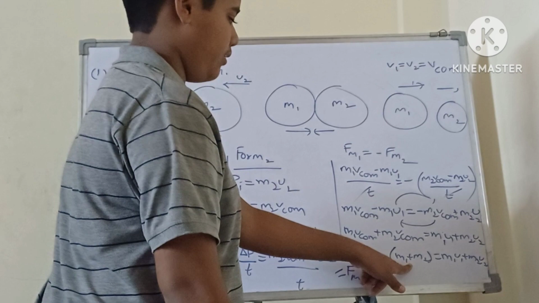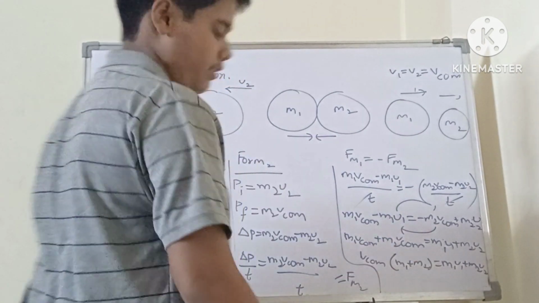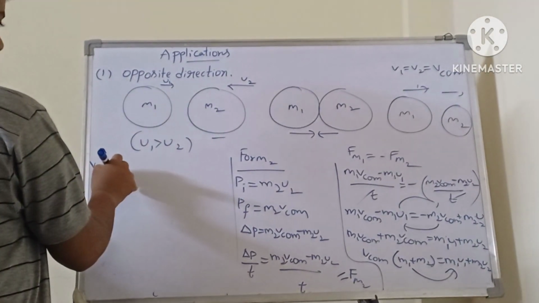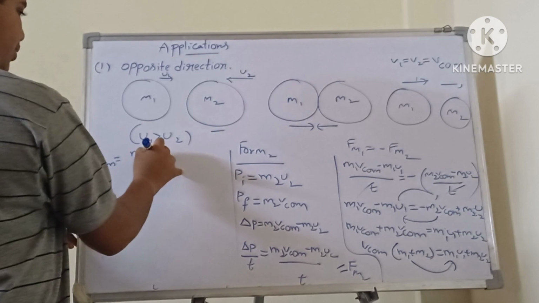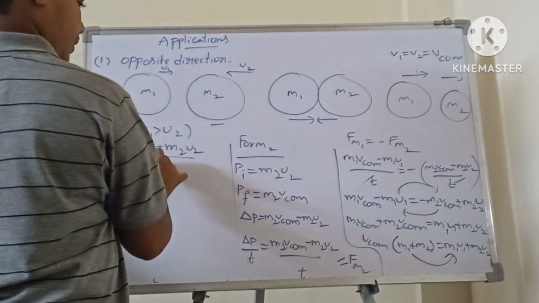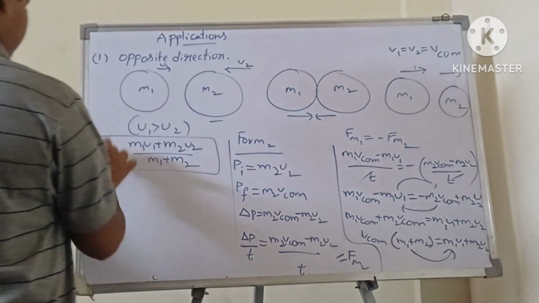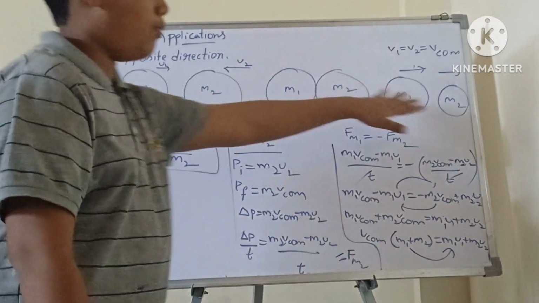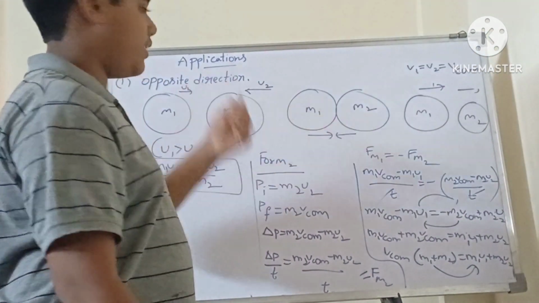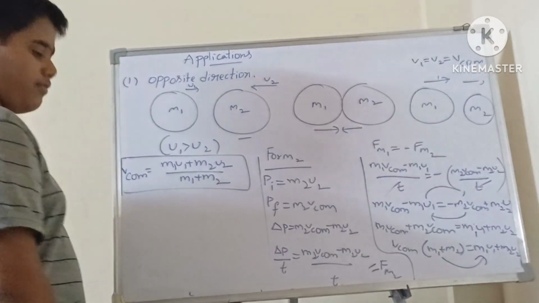So if we transfer this m1 plus m2 to this side, vcom is equal to m1 u1 plus m2 u2 by m1 plus m2. So this is the common velocity of these two bodies after collision. Okay.